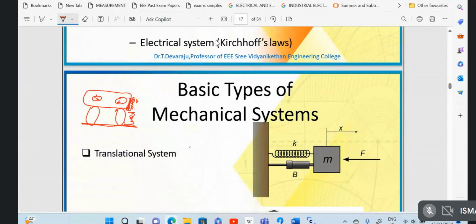So this is now the spring constant K, the shock absorber has the damping constant B, and the force applied by the vehicle, the mass, is the force here. And if there's any kind of vibration, the distance covered is X.